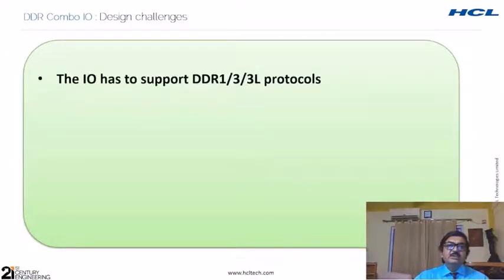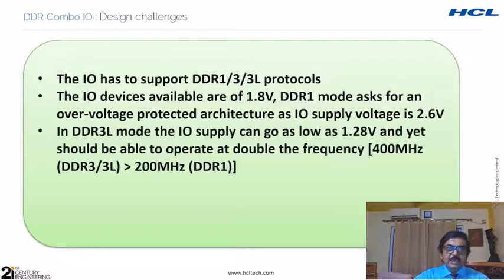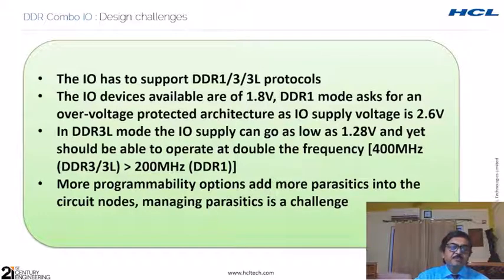The challenges, apart from the multi-protocol, were that the IO devices available were 1.8 volt devices, where DDR1 asks for an over-voltage protected architecture, as the IO supply will go up to 2.6 volt. In DDR3L mode, the IO supply goes down to about 1.28 volt, and yet it has to support 400 megahertz frequency.